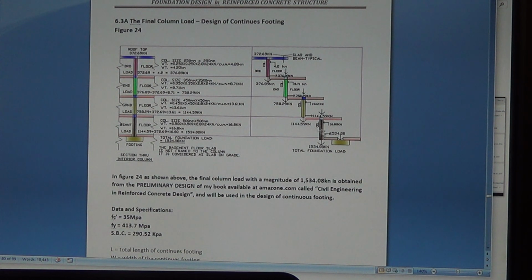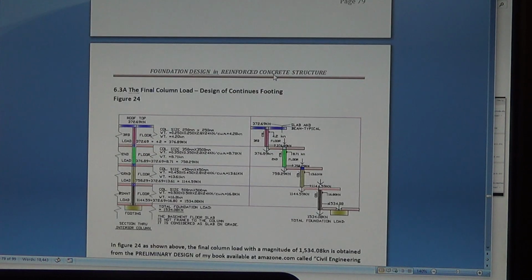This is the final column load that transfers the load to the foundation, and now you can design the foundation based on this load here. From here, there's a lot of work, there's a lot of calculations. Final column load, let's see there.